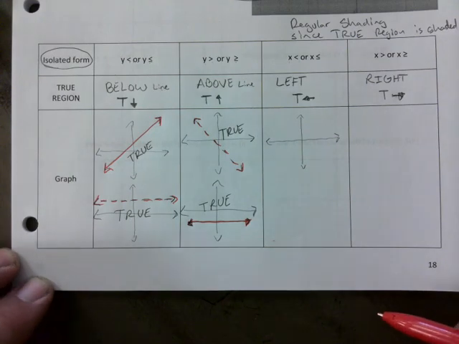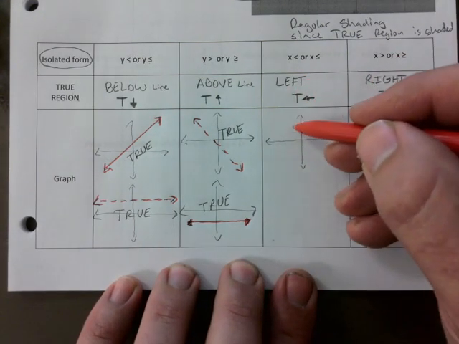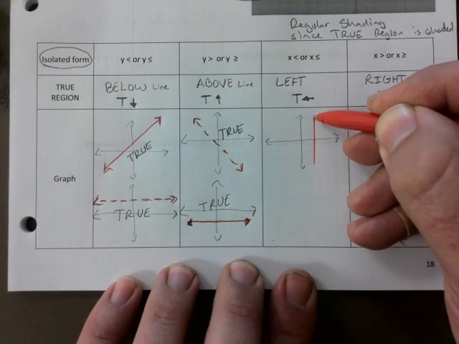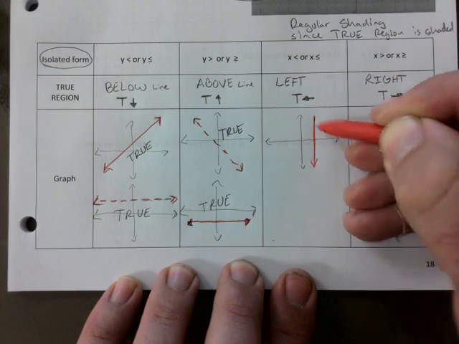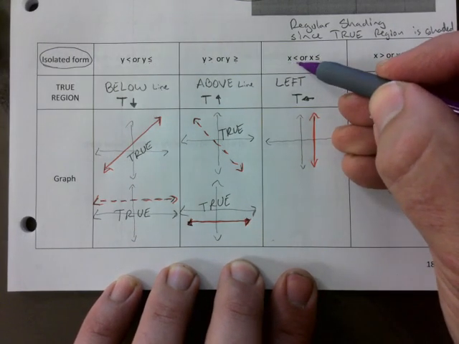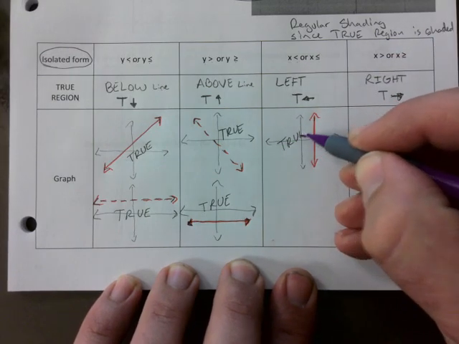There we go. And left, so if you have a vertical line, it doesn't matter. If it's just x, it's going to be a vertical. And if it's x is less than, it doesn't matter what's on the other side, this is going to be your true region.